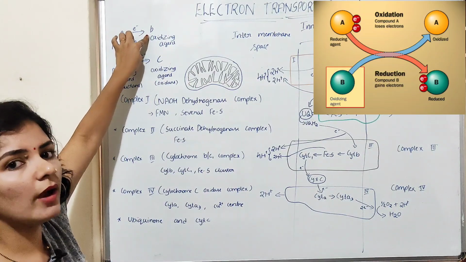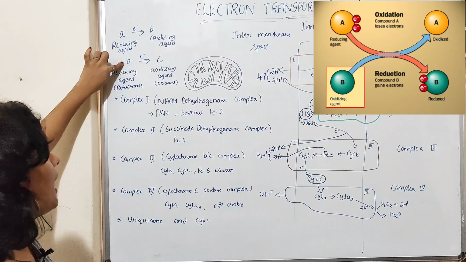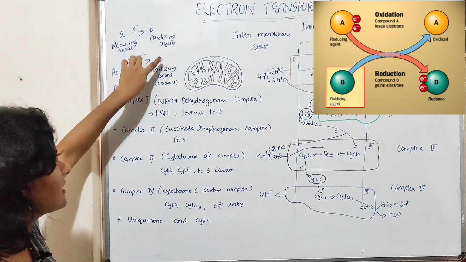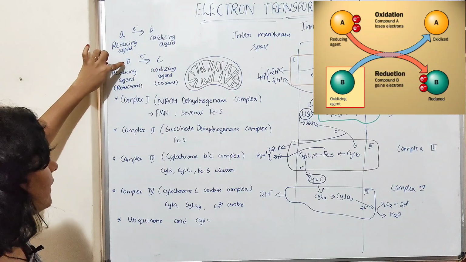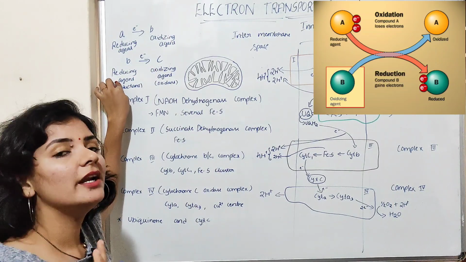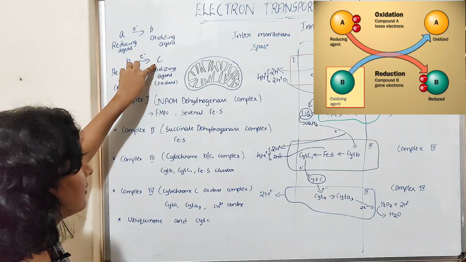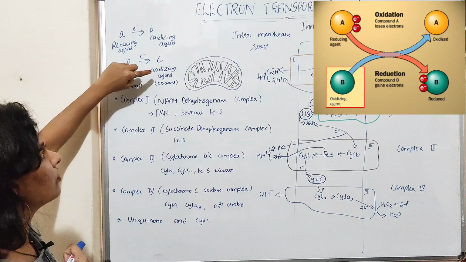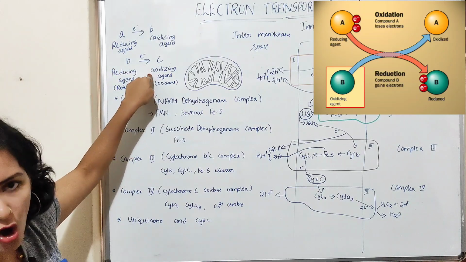So B now has an electron in it, and it is ready to donate that electron to the next carrier, that is C. That's why B is now a reducing agent or reductant which is ready to donate the electron to C. C is now ready to receive the electron. That's why C is known as an oxidizing agent or oxidant.